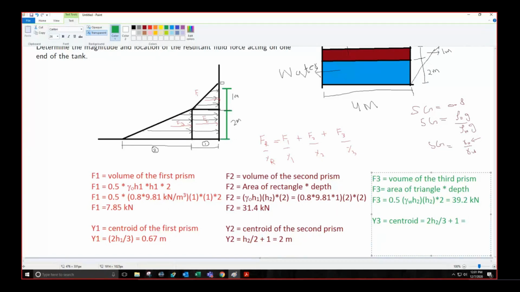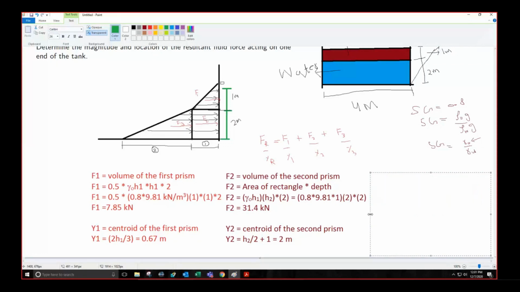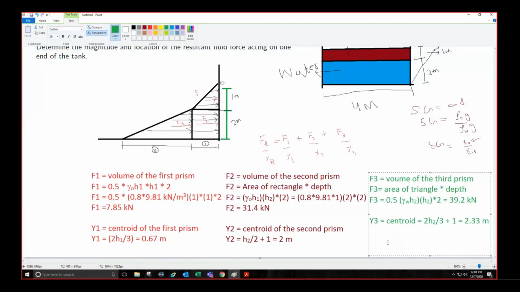This is equal to 2 into 2 divided by 3 plus 1 to 2.33 meters. Clear? Is it clear? Yes, sir.